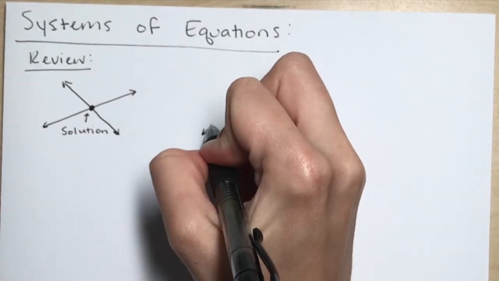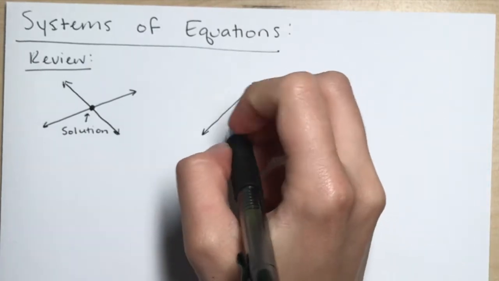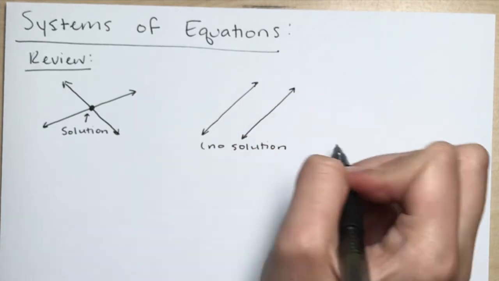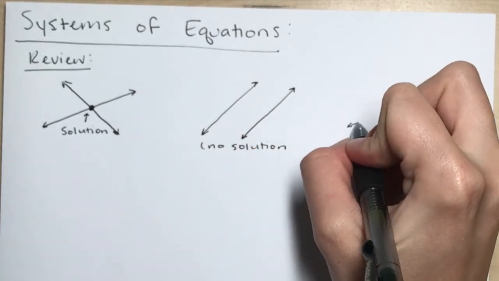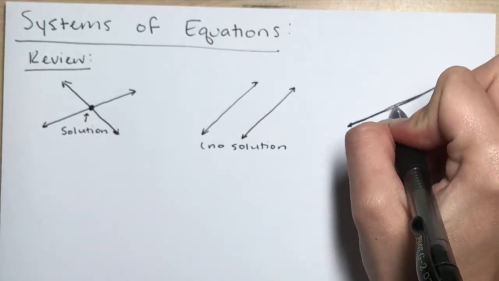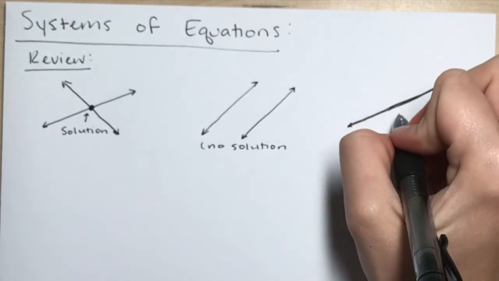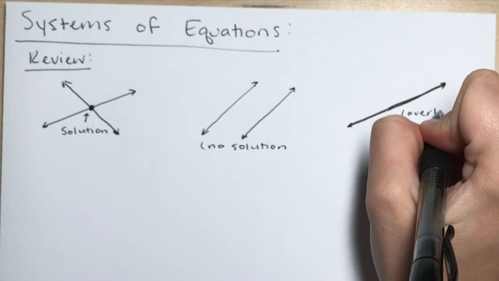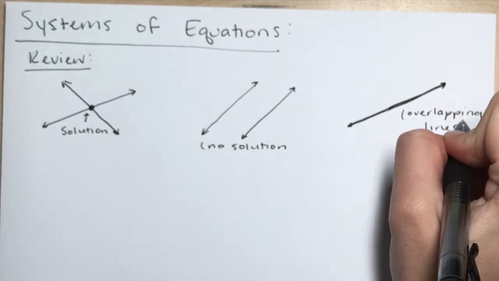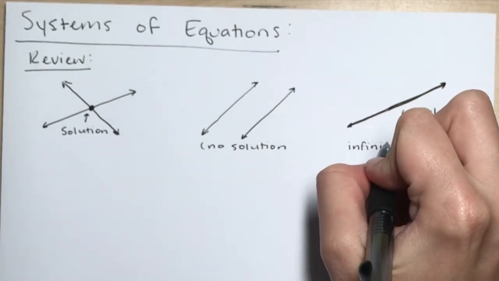We had the case where we had parallel lines when there was no solution. And we had the case that, again, is sort of hard to draw. The best I can do is make sort of a thicker than normal line where we have overlapping lines, right? Two of the same line. And in this case, we had infinitely many solutions.